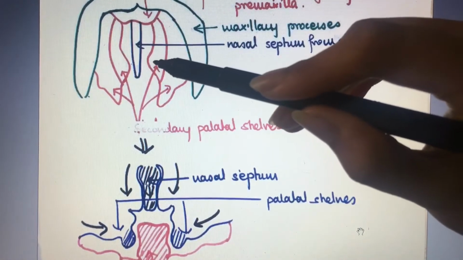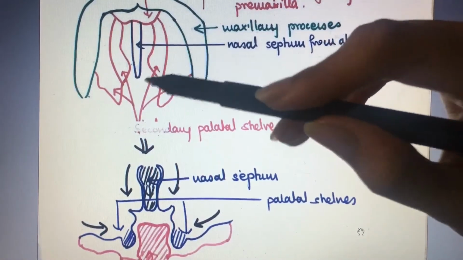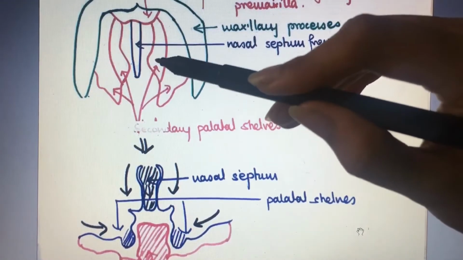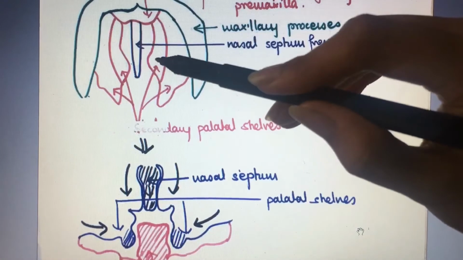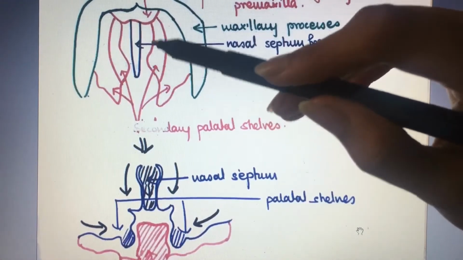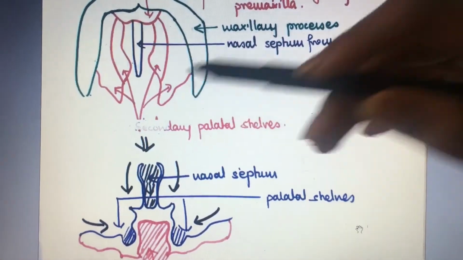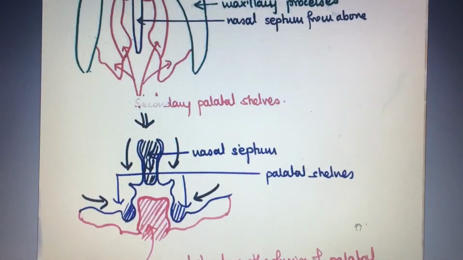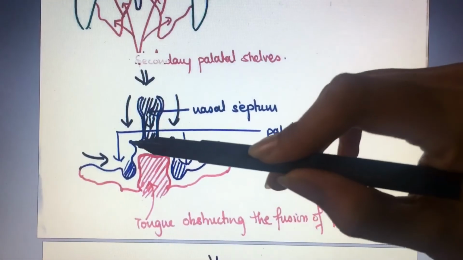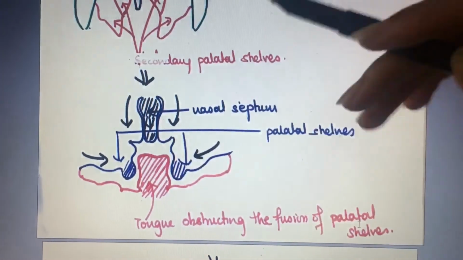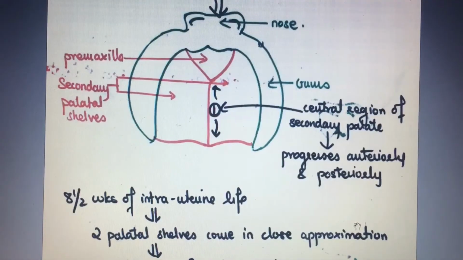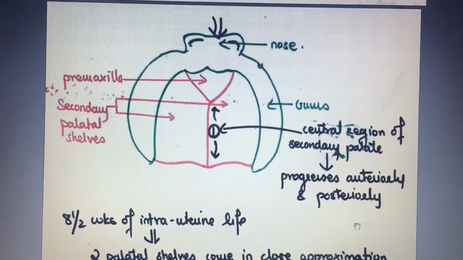So there is a contact at this region of the secondary palate, and then after the fusion of this region, the fusion grows anteriorly and posteriorly. So the mesial edge of the palatal process fuses with the free lower end of the nasal septum. Now along with this, there is the fusion of the nasal septum and the two palatal shelves.